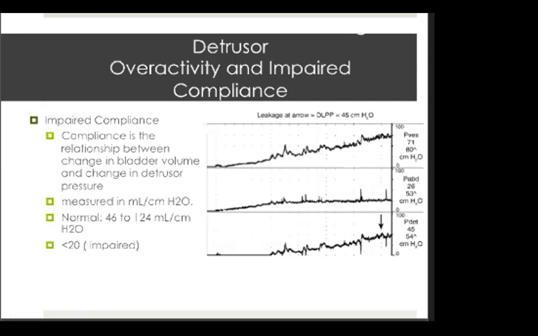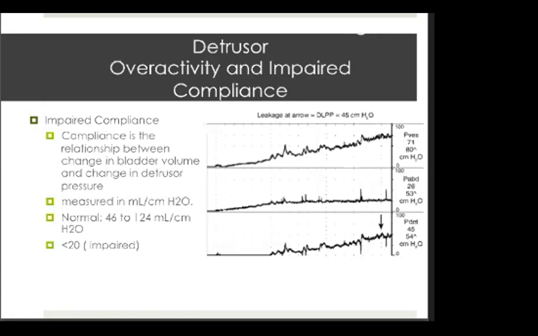So, in this graph, note the rise in the PVES and PDET with bladder filling. The PDET at the end of filling is approximately 45 centimeters water, which is a potentially dangerous situation. In this case, the bladder was filled to a volume of 300.